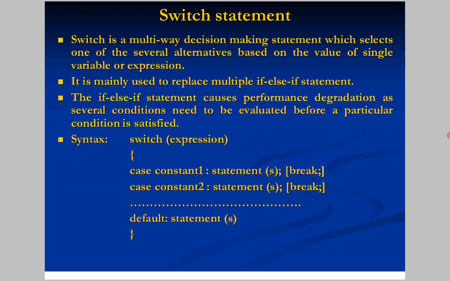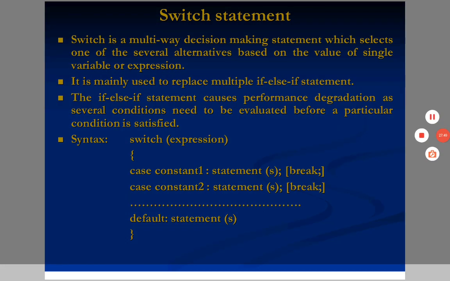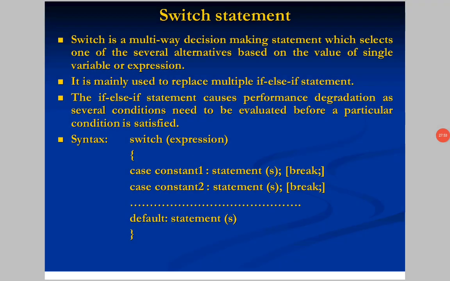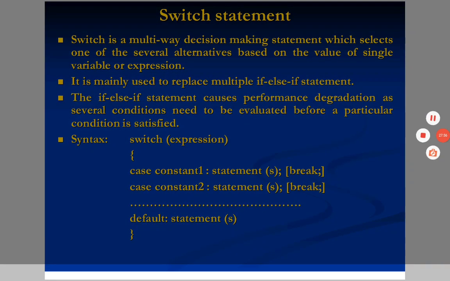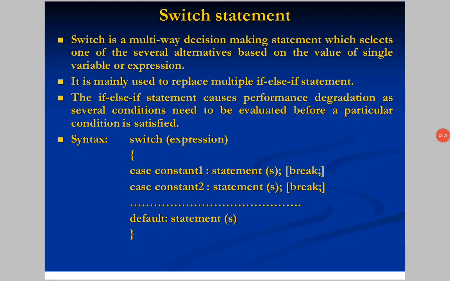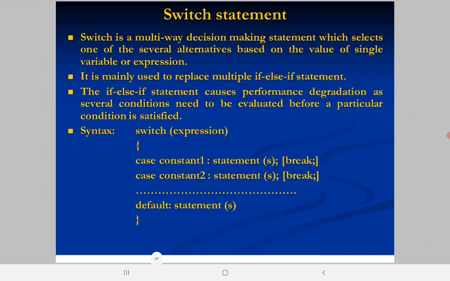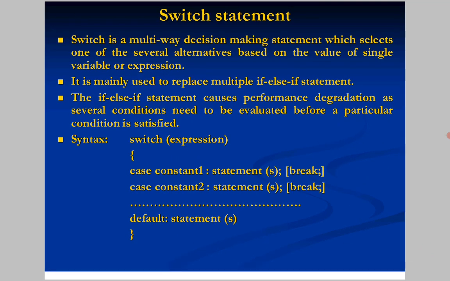What is a switch statement? A switch statement is a multi-way decision making statement which selects one of several alternatives based on the value of a single variable or expression.